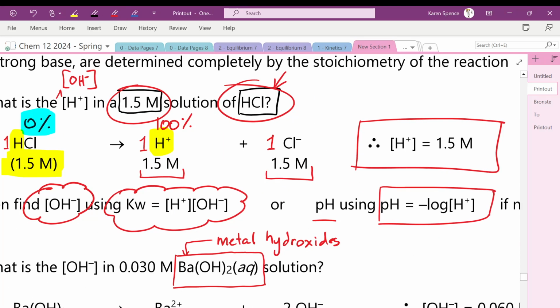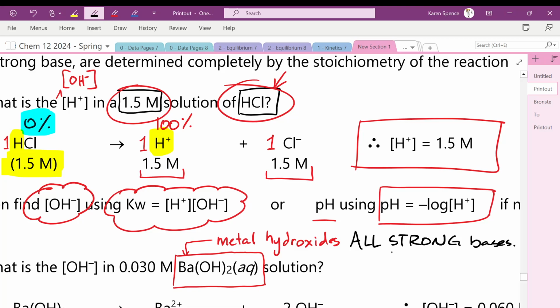For the purposes of this unit, they are all strong bases. Like I said, in our next unit, solubility, we're going to worry about whether it dissolves completely or not, but we're not going to worry about that for this unit, okay?